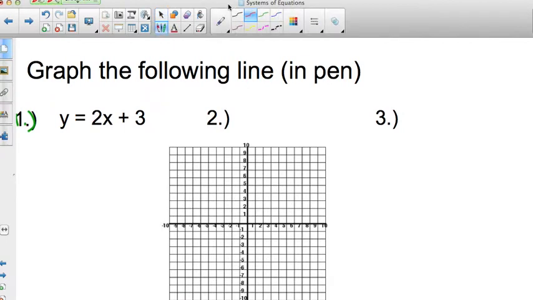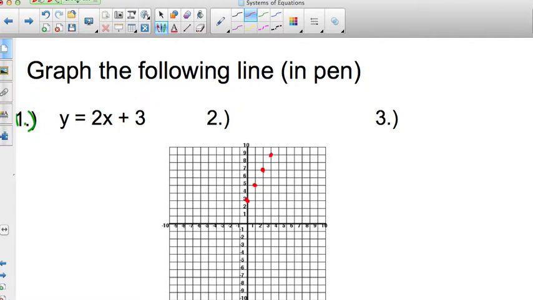Alright, on the worksheet that you have right now, the first line that I want you to graph is y equals 2x plus 3. So we're going to start at positive 3 and go up 2 over 1, up 2 over 1.